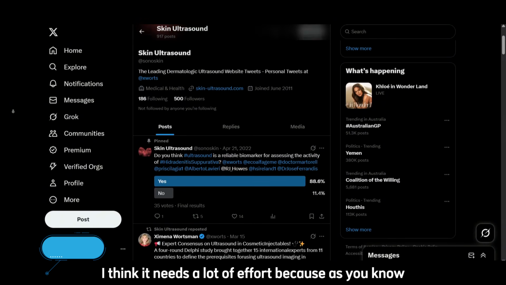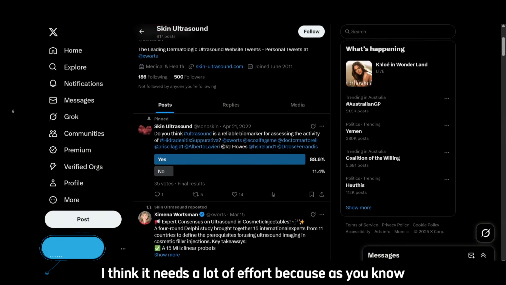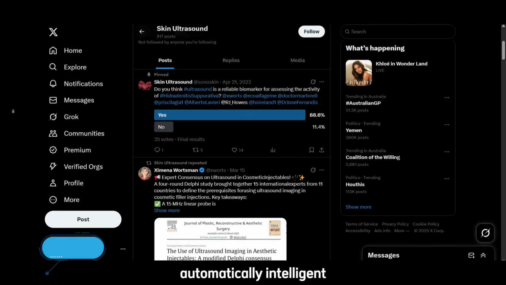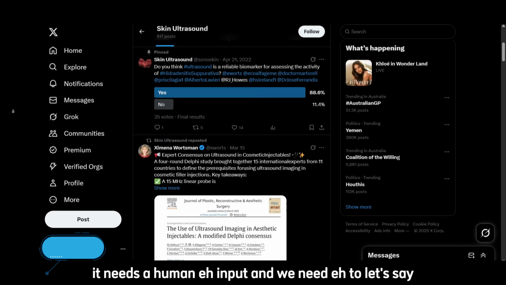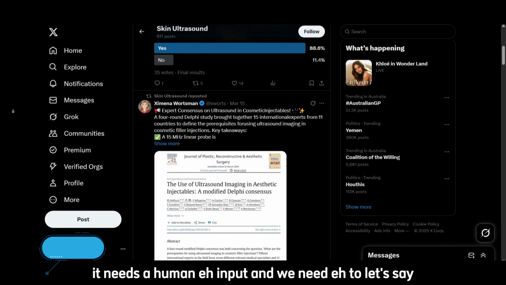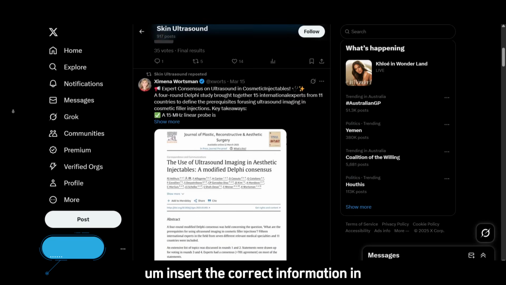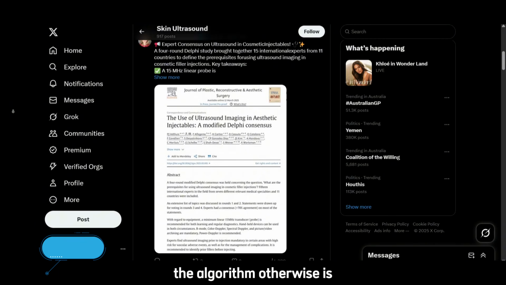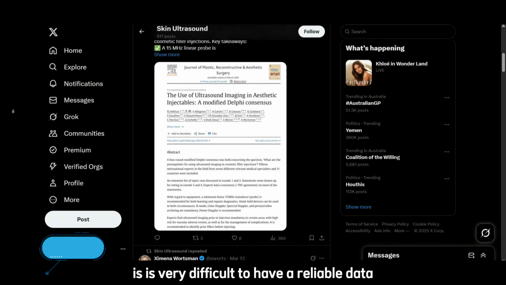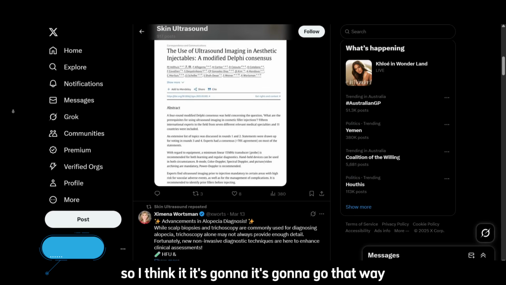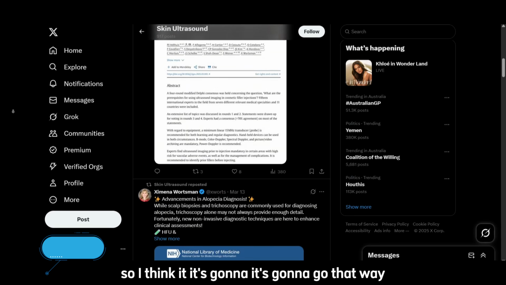Still, I think it needs a lot of effort because, as you know, artificial intelligence is not automatically intelligent. It needs human input, and we need to, let's say, insert the correct information in the algorithm. Otherwise, it's very difficult to have reliable data. So I think it's gonna go that way.